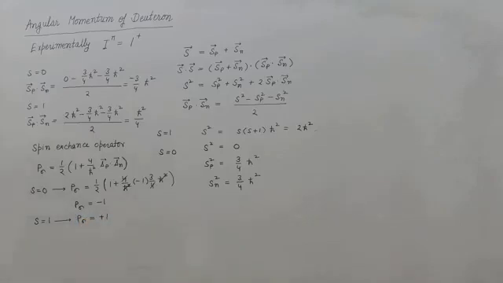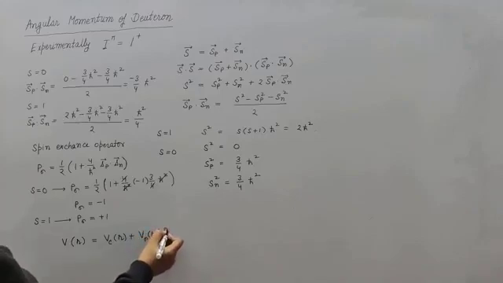So the spin exchange operator has the value minus 1 and plus 1 for S equal to 0 and S equal to 1 respectively. With its help, we can write the spin dependent part of the potential. This will be V(r), the central potential part V_C(r), plus V_sigma(r), the radial dependent part, multiplied by P sigma.